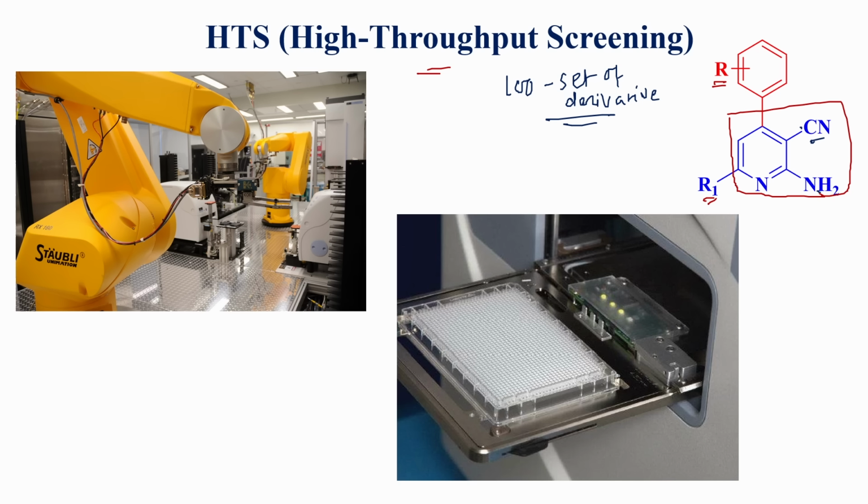Using this robotics mechanism, we prepare many derivatives and go for the target and lead identity validation process using HTS. We'll discuss it in brief later also.